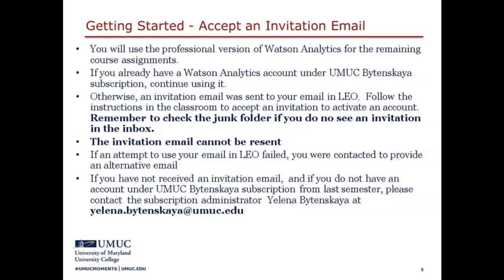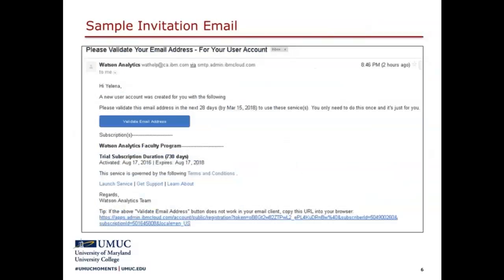Now, this is how the invitation email looks like. So this is just to give you an example. An email has a button, you click on it, or alternatively you can copy paste the link in a browser. Then what you'll do is there is a short registration form that you fill out. Then you're gonna get another email with the code that you'll need to enter.